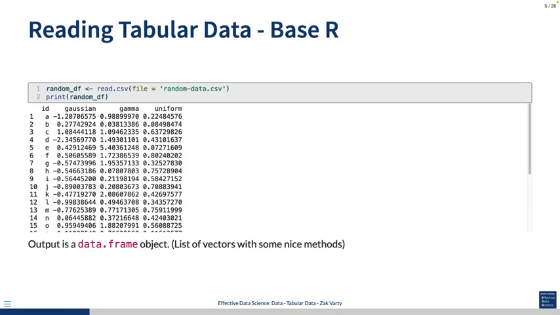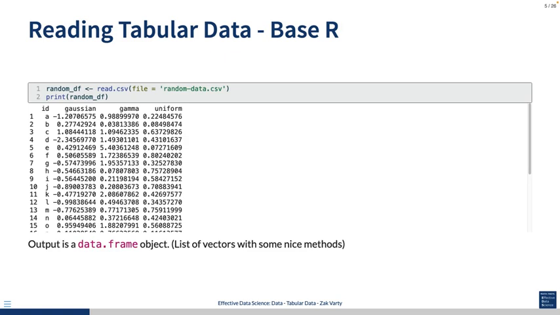If we wanted to read this tabular data into R using base R functions, then we'd use the read.csv function, and this takes a single argument that is the file path to that data. Here we're storing this in an object called random_df.